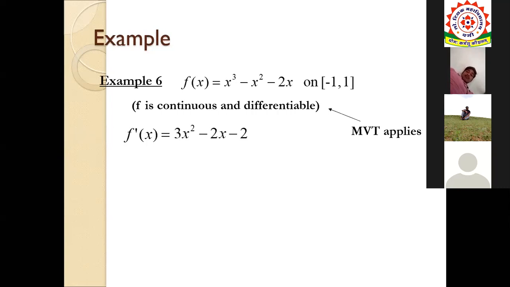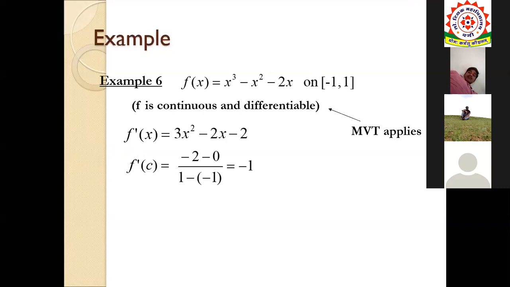So f dash of x is 3x square minus twice x minus 2, f dash of c. Remember, here we substitute f of b and f of a and b minus a. So here a is minus 1 and b is 1. A is minus 1 and b is 1.